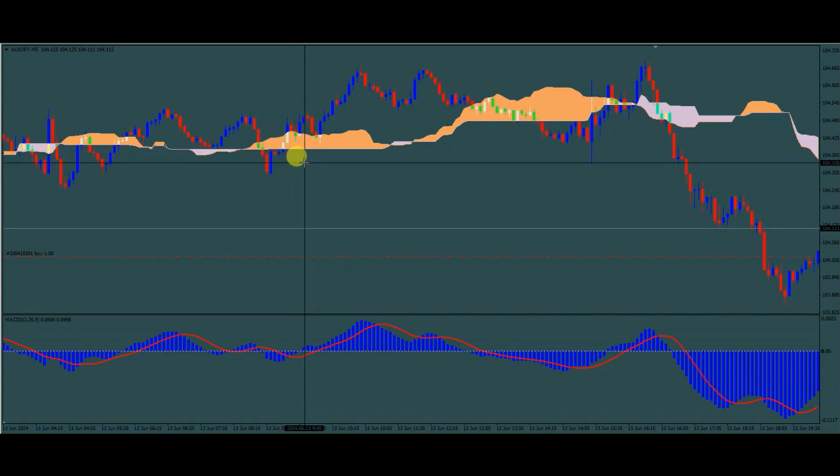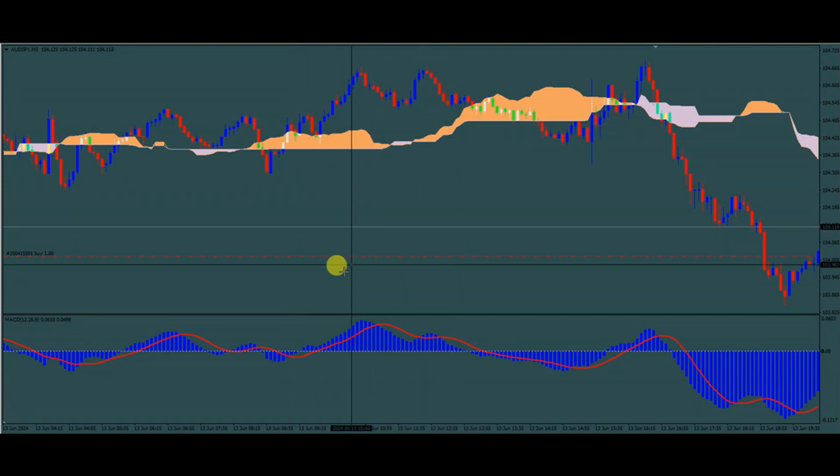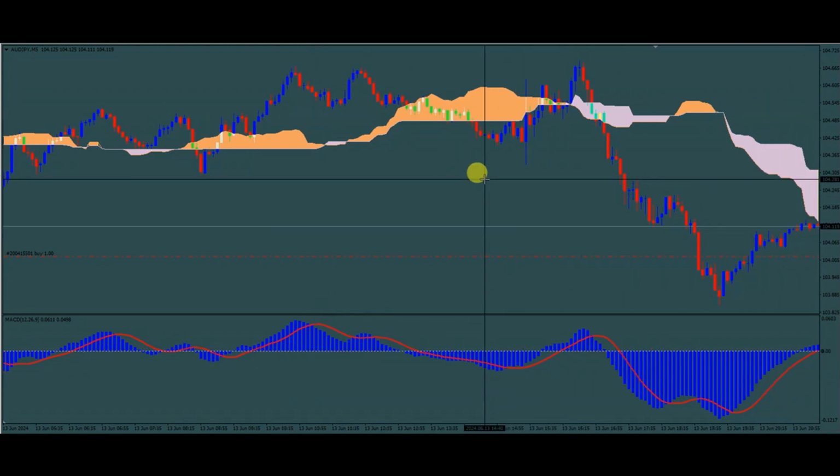So here you have the Ichimoku above, and you have the price above the Ichimoku cloud, and you have the MACD above the zero line. You open your buy trade.